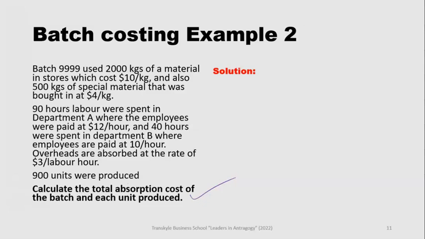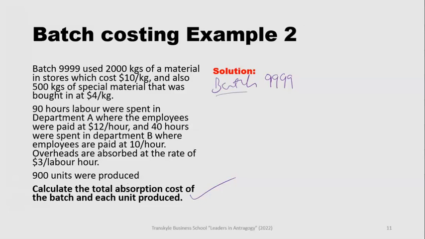So let us just do that. We know we have to come up with a table and make sure that the batch number is clearly presented. So this is batch 999.